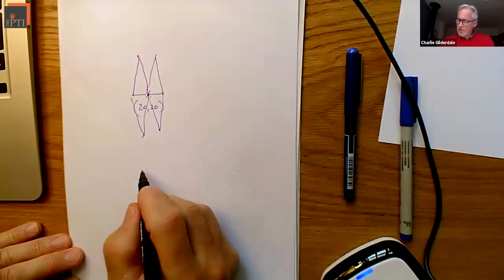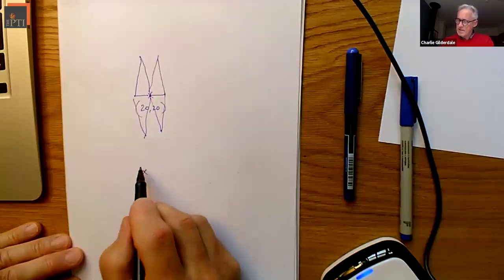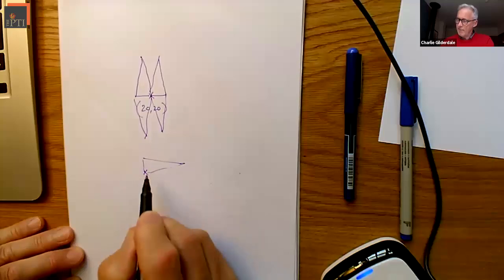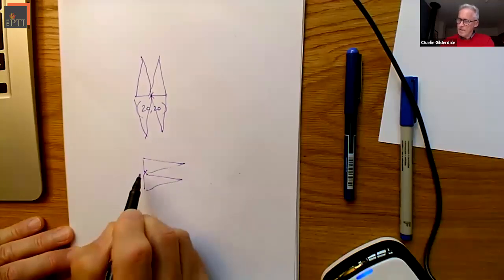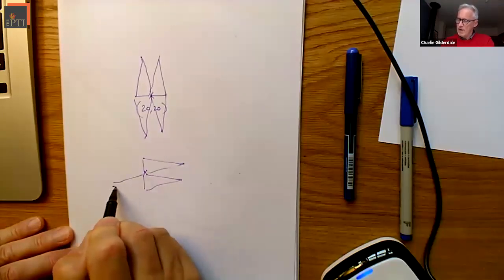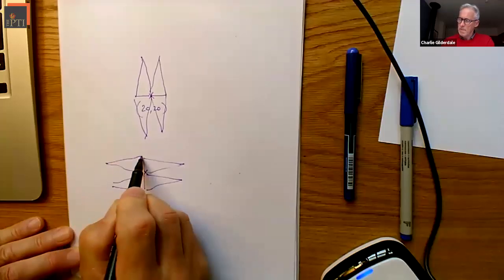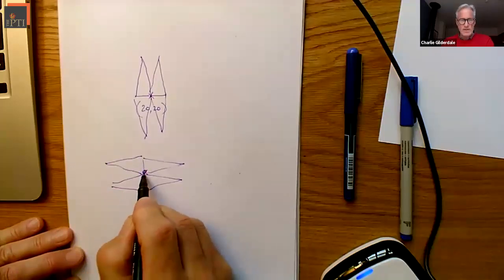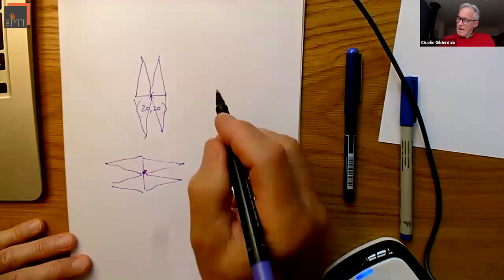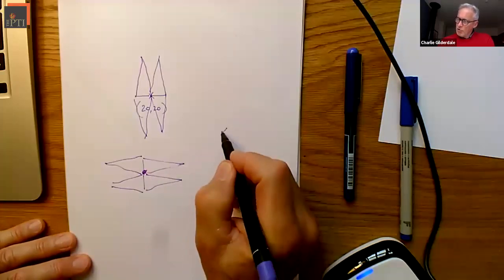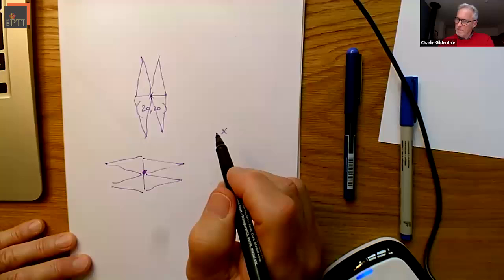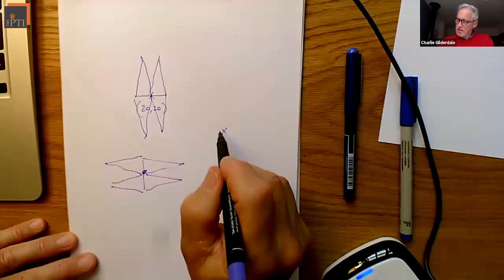But I could also have, if that's 2020, I could have 4 in this direction. And there's my 2020. But I could also have the pointy bit.